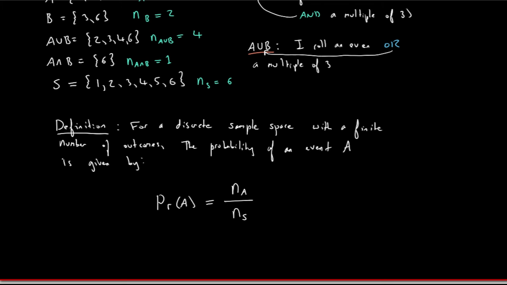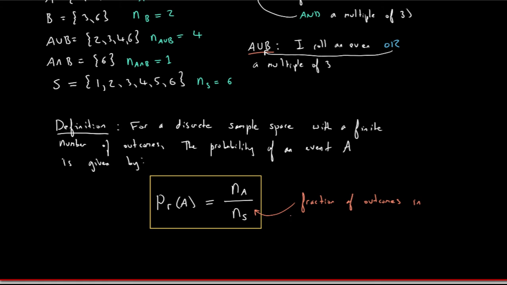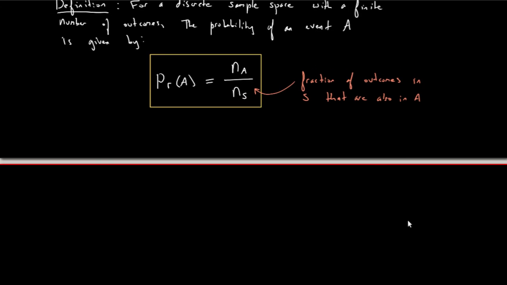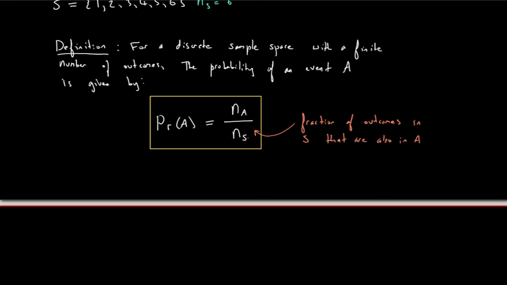So we're asking, what is the fraction of outcomes in S that are also in A? That seems utterly reasonable as a definition.